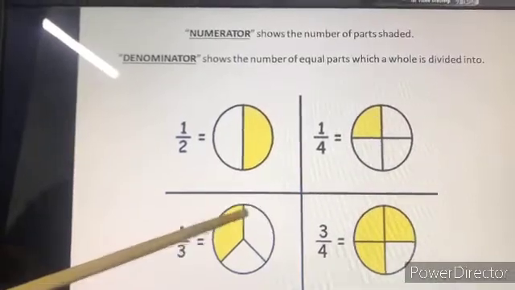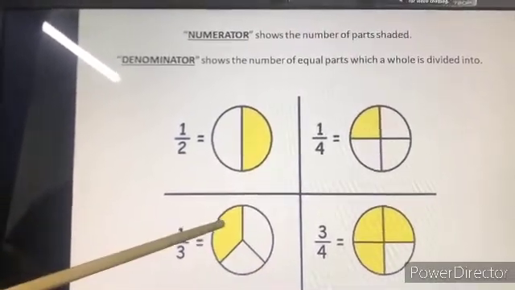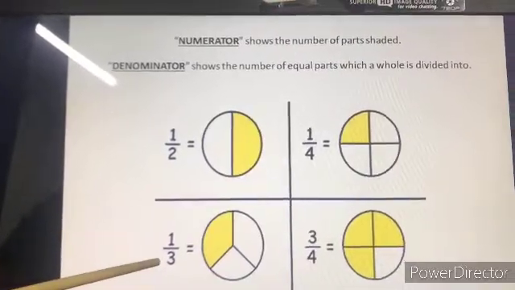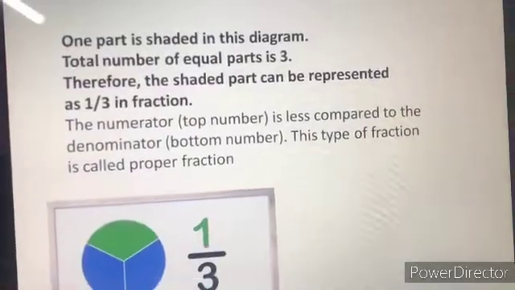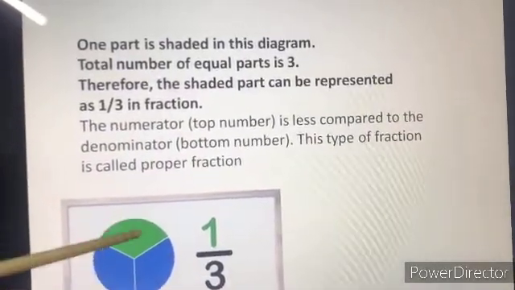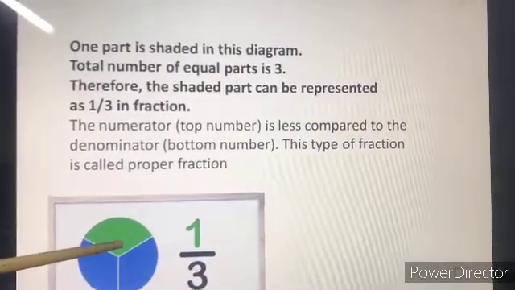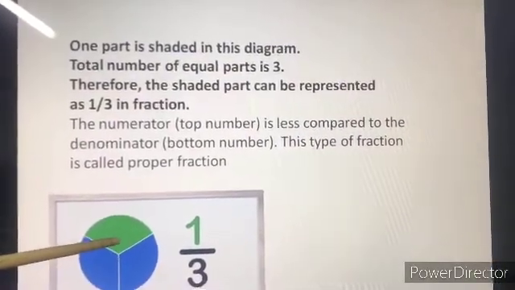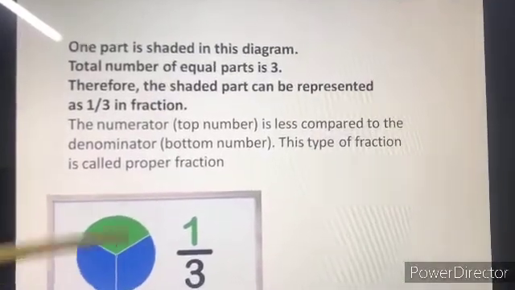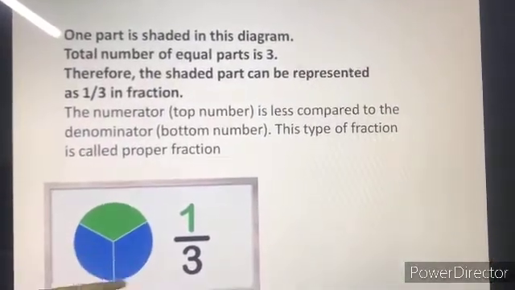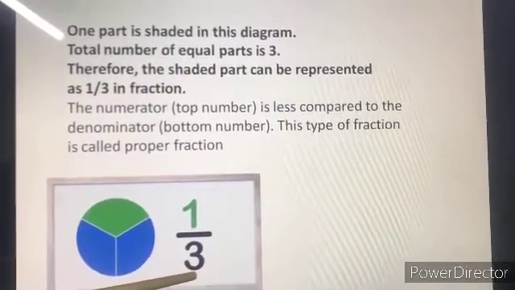So here 1 will be the numerator and the total number of parts will be the denominator. As I told you earlier, the whole was divided into 3 equal parts and 1 part was shaded. So the shaded part in this diagram will be the numerator, and the total number of equal parts is 3, so that will be the denominator.